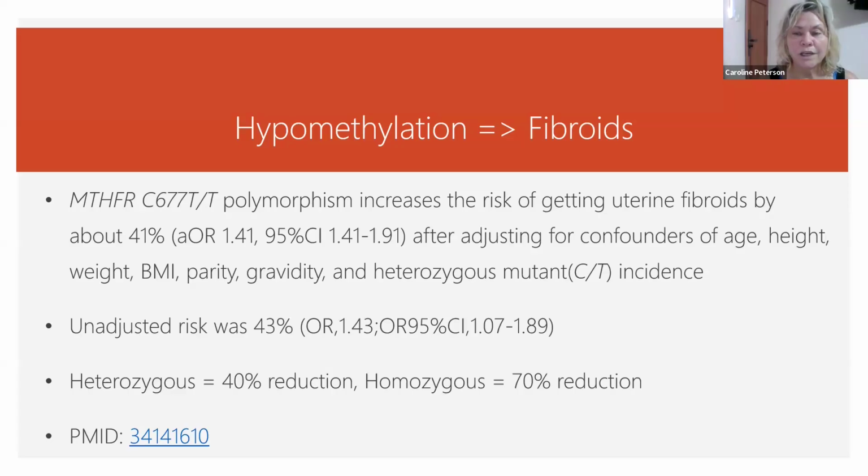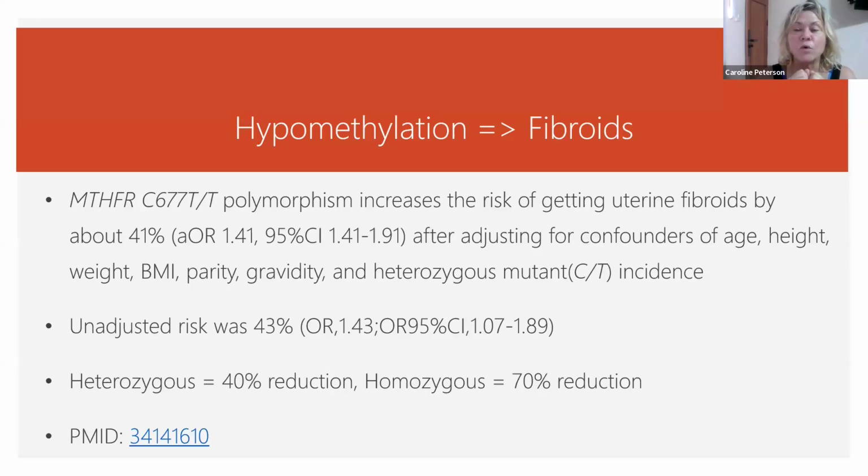And what we know is that if you are heterozygous, that means you get one thing from your mom and one thing from your dad, right? And so these genes, if they're both wild type, that's normal. If you have one wild type and one mutation, that's heterozygous.